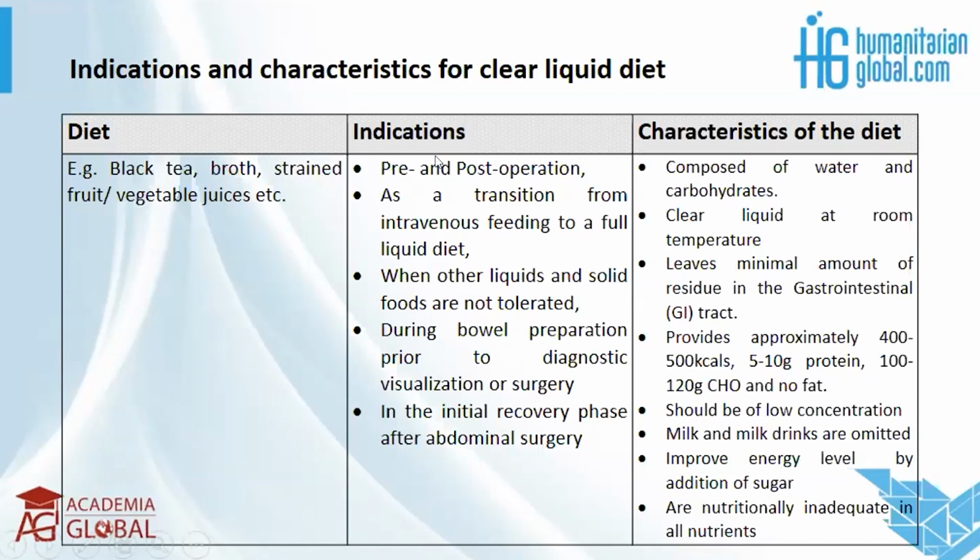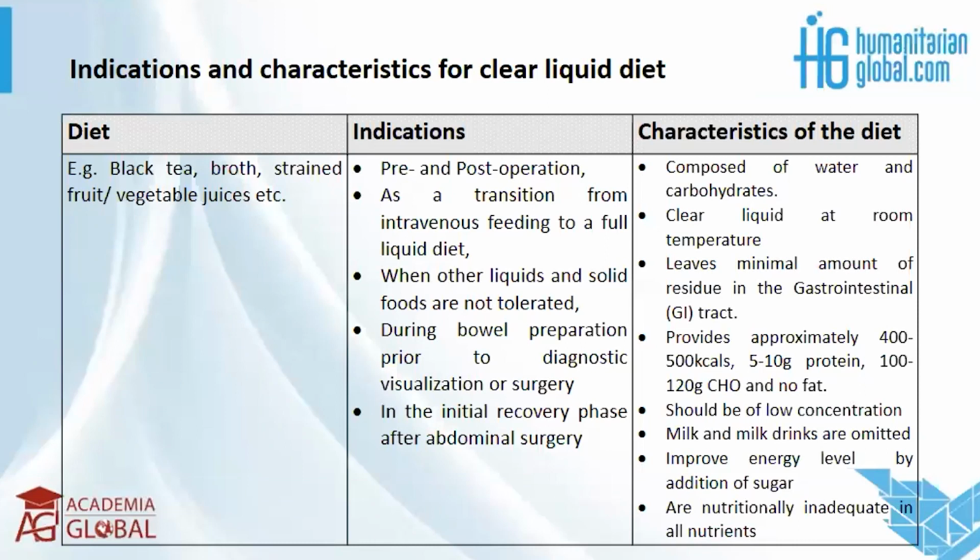Indications or prescription: when is this diet prescribed? These are some scenarios: pre and post operation, that is before and after operation. When you are doing a surgery, we don't need somebody to have food in their digestive system. It will cause problems because anesthesia makes somebody stop most of their bodily functions.